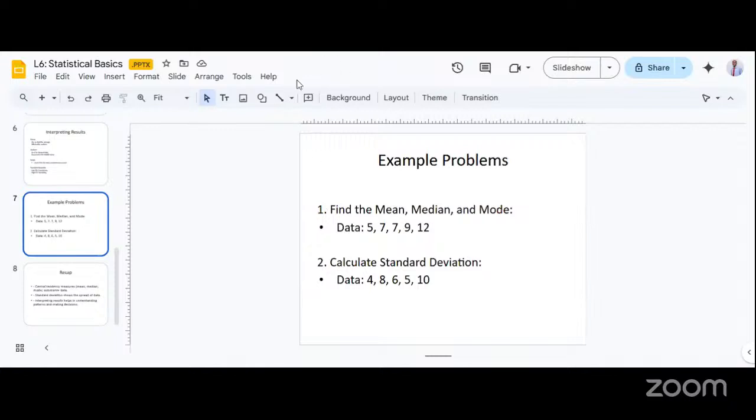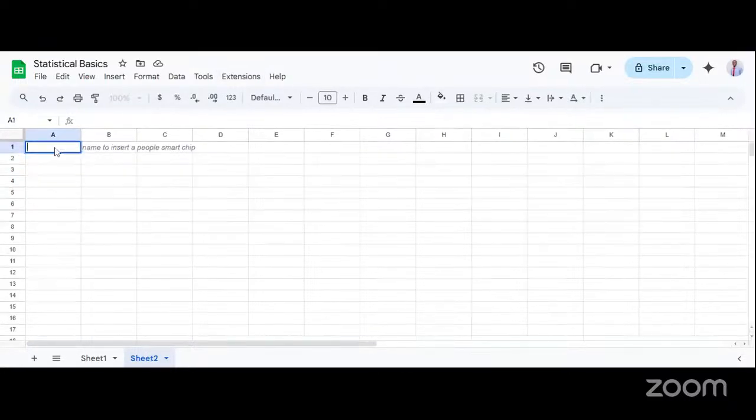So what I'll do now is input the values in my spreadsheet. 5, 7, 7, 9, 12.